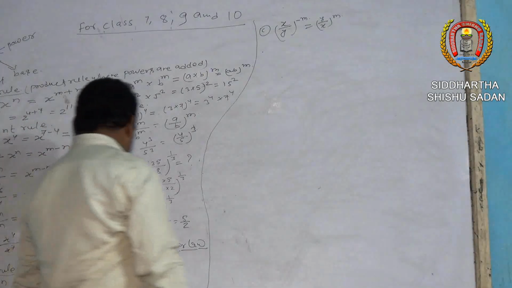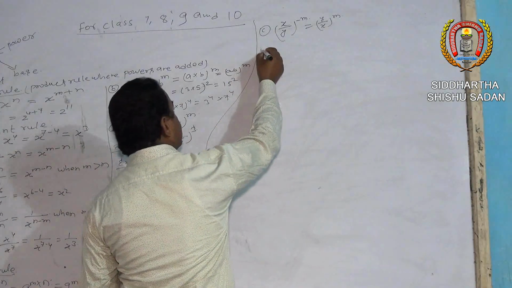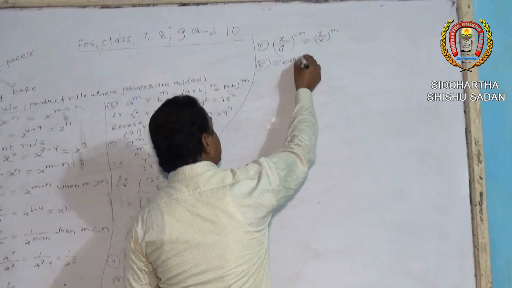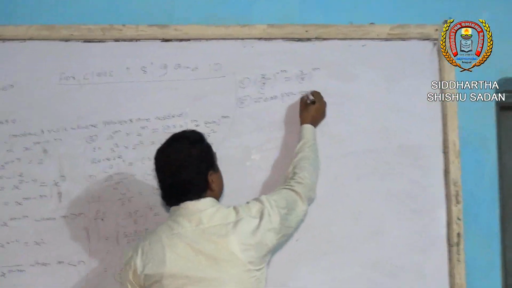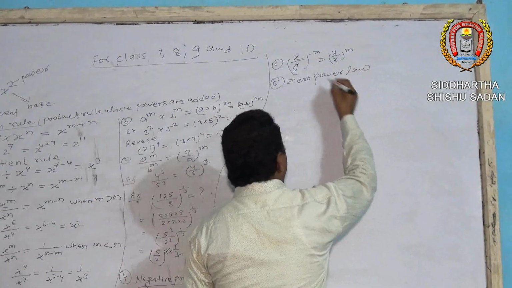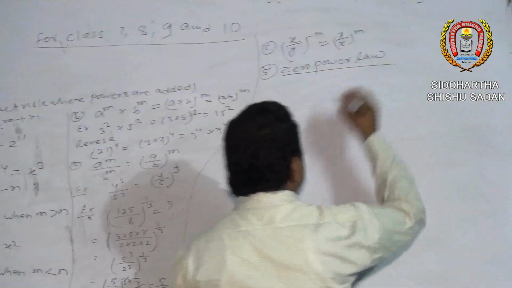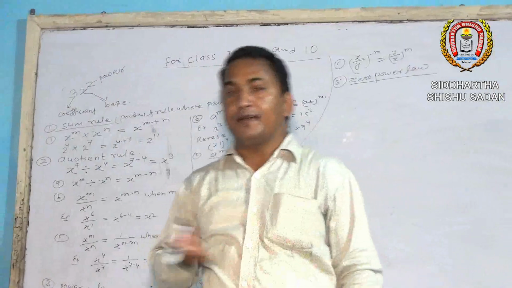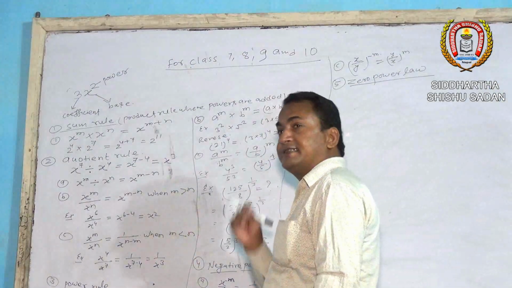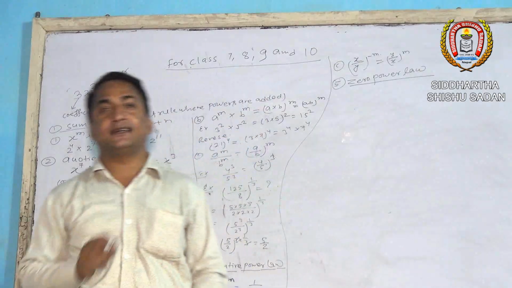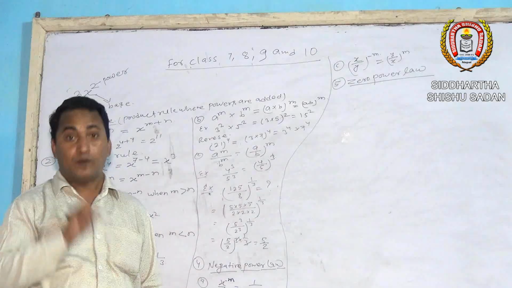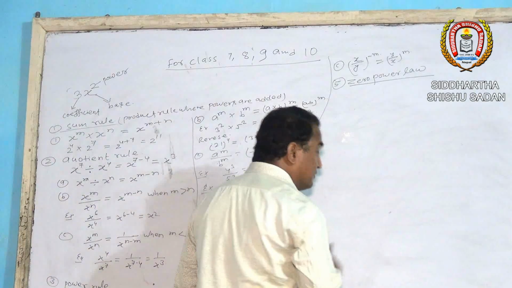Next is 5, zero power law. It means if 0 is the power of any base, then the value automatically will be 1.